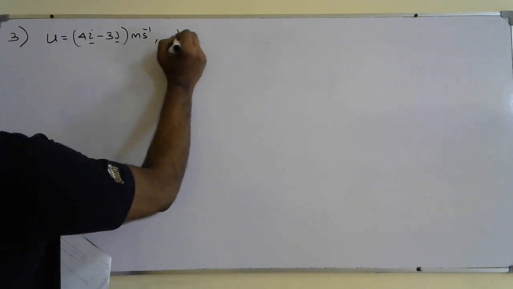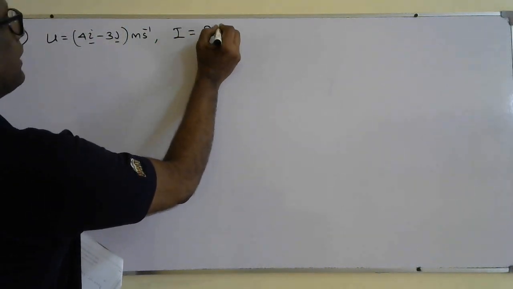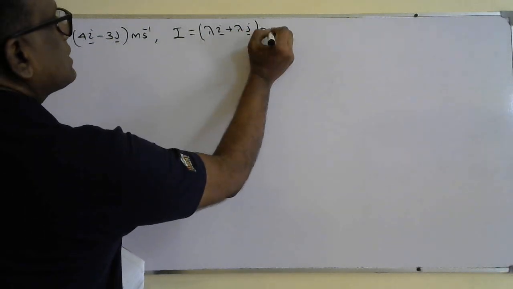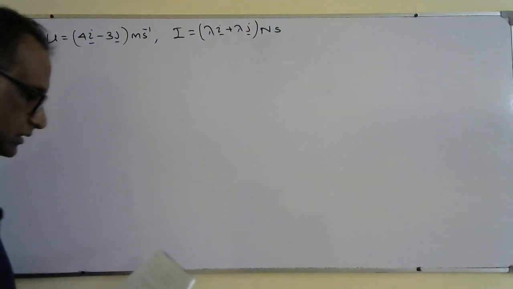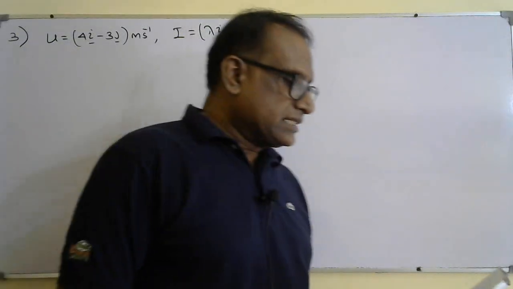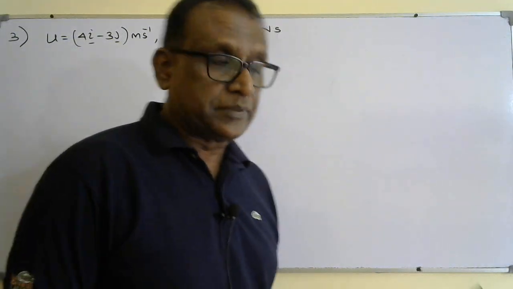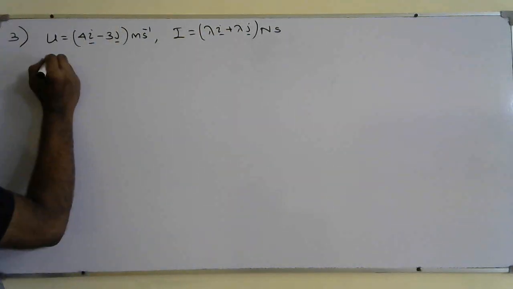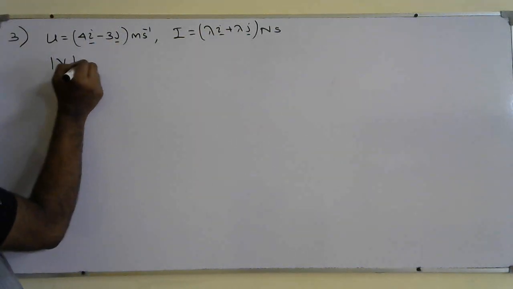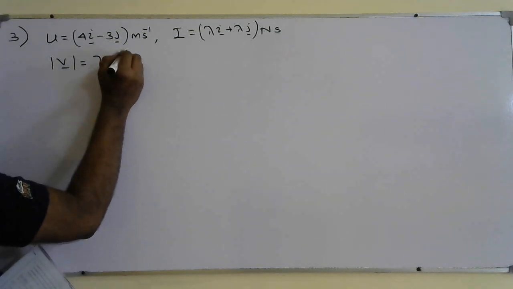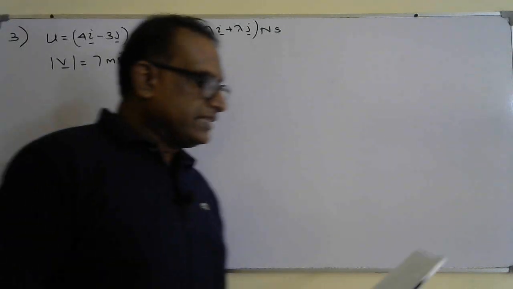So the impulse is equal to lambda i plus lambda j Newton second. We can take a lambda out, where lambda is a constant. Immediately after receiving the impulse, the speed of the particle is 7 meters per second. That means the modulus of V, the final speed, its mod value is given, direction is not given, 7 meters per second. Find the value of lambda.